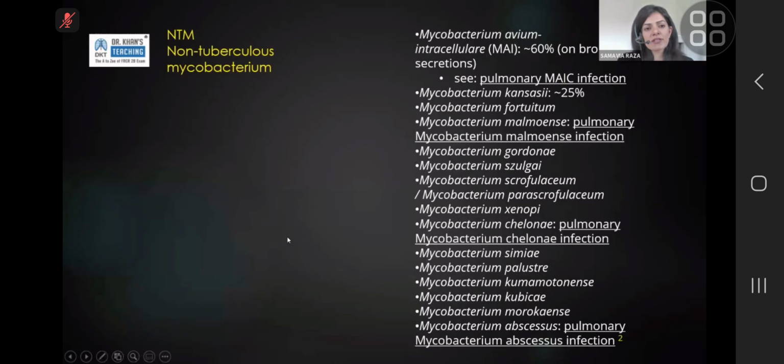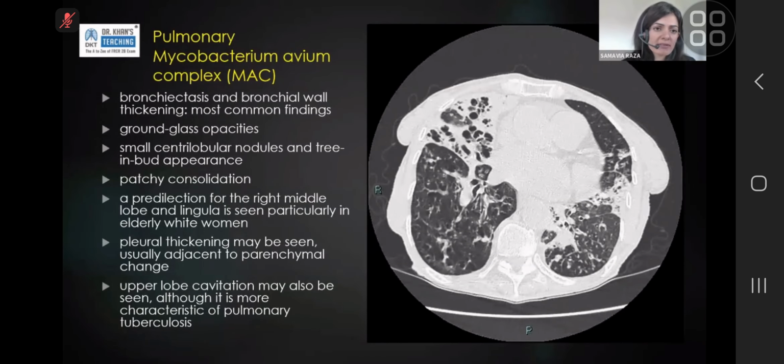Tuberculosis is just as common as non-tuberculous mycobacterium, and most of you know the term NTM infection. NTM infection is a term reserved for all the other mycobacterium that are not TB, and it's a very long list. The most common that we talk about is the Mycobacterium avium complex.